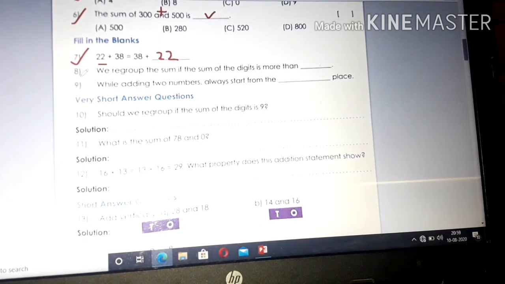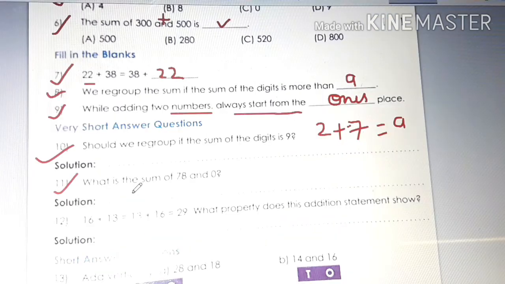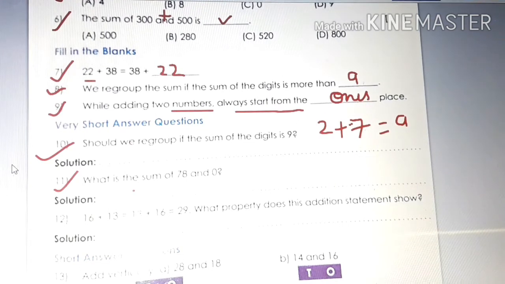Clear? Then number 8. We regroup the sum if the sum of the digits is more than 9, isn't it? More than 9. Then comes number 10.